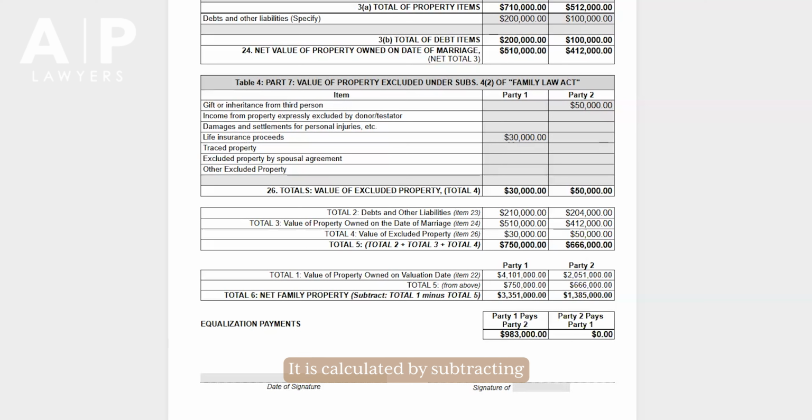It is calculated by taking the difference between the value of Aaron's net family property and Anne's, because she has the lesser amount, and the difference is divided into two. So from Aaron's amount, take out Anne's amount for her net family property, and the difference divided into two, so that you're equalized and both would be walking away on equal footing.